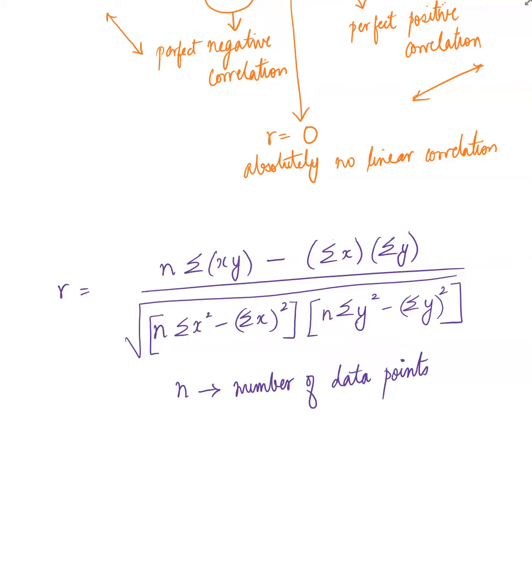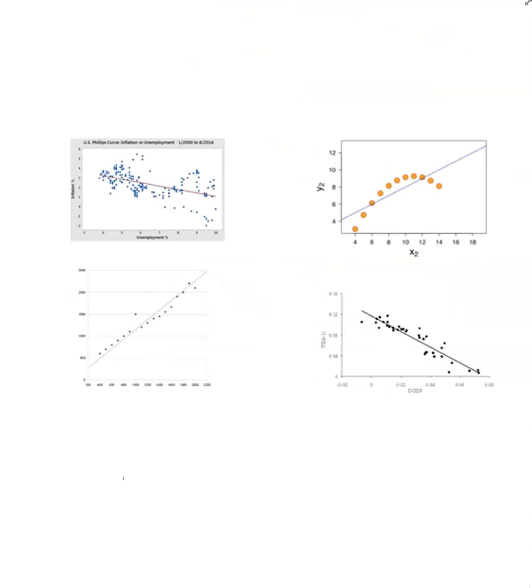I want to kind of show you how correlation coefficient can be discussed in terms of their strength. So look at this screenshot here. I have 4 of these graphs. Now, which one would you think has a correlation coefficient with a value closest to positive 1, meaning very strong positive correlation?